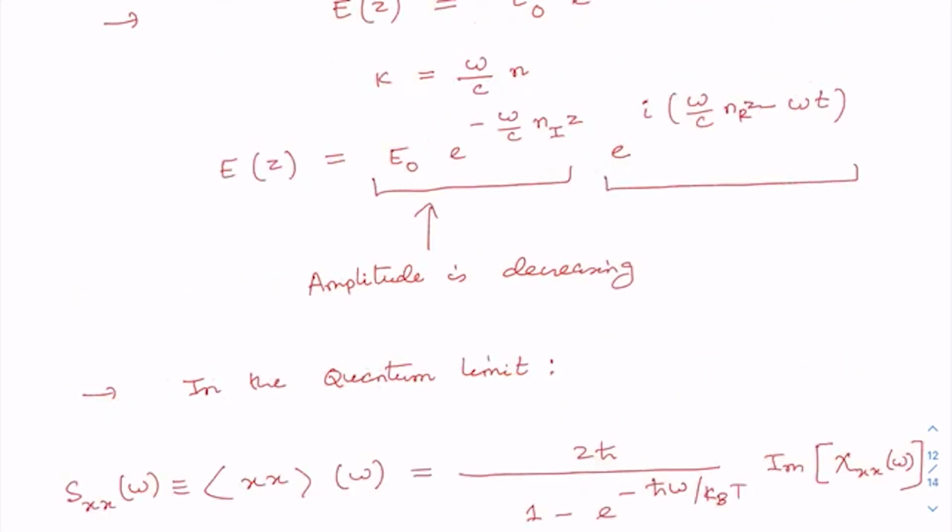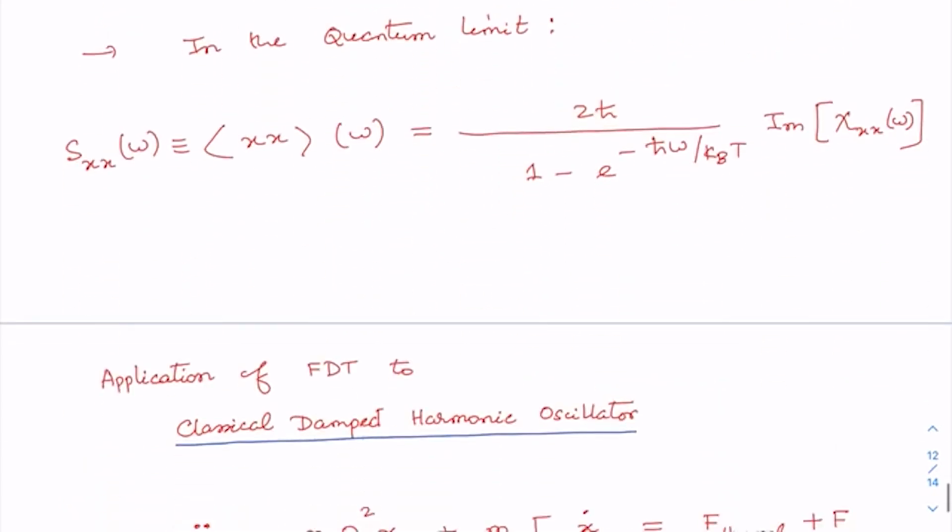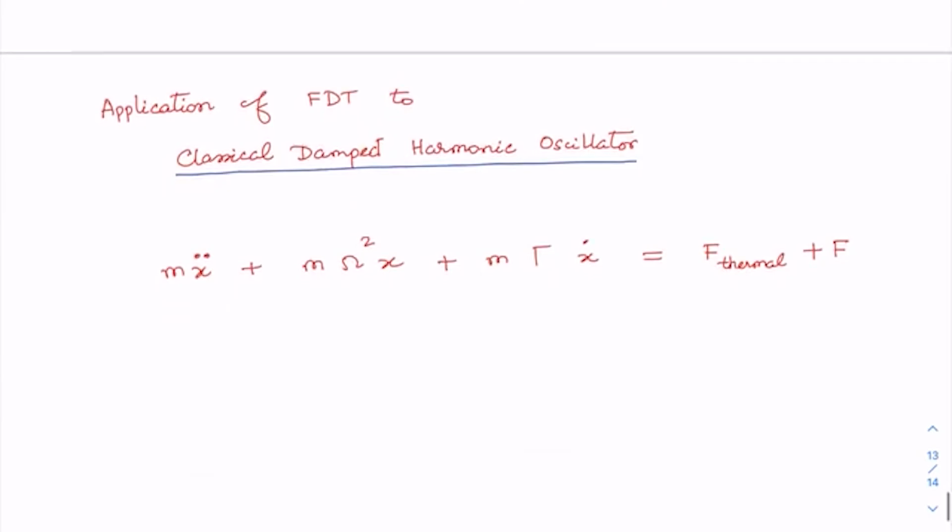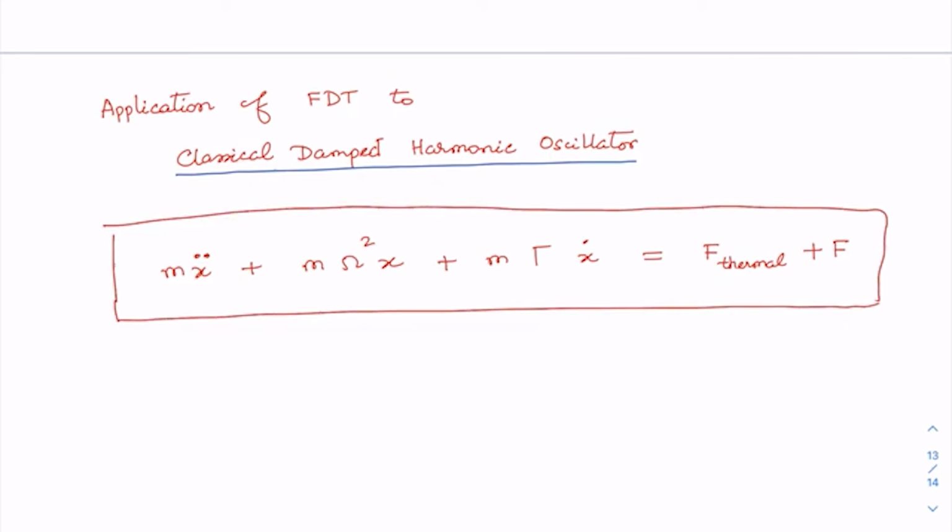To appreciate the fluctuation dissipation theorem, let us consider a classical damped harmonic oscillator. You know the equation of motion for a classical damped harmonic oscillator is given by this expression. Here this small m is the mass of the harmonic oscillator.